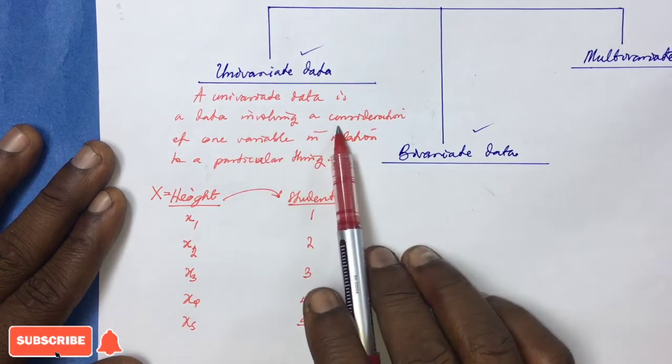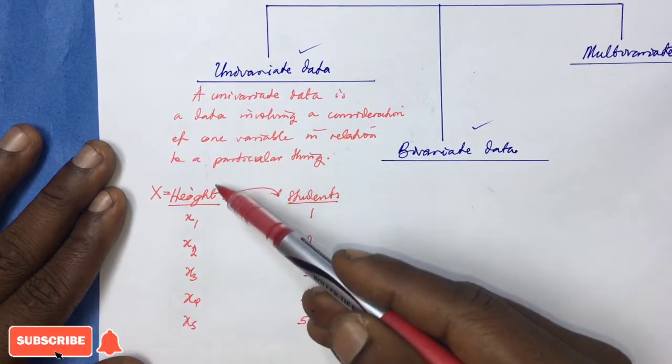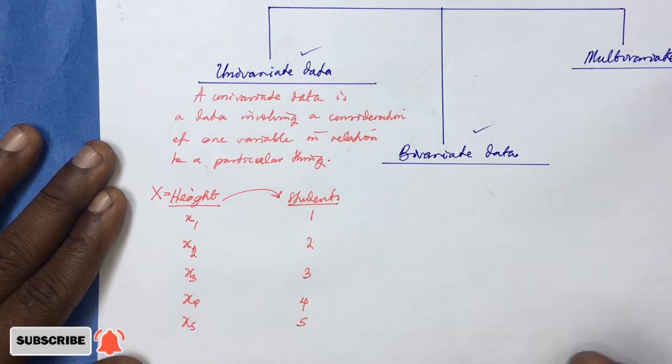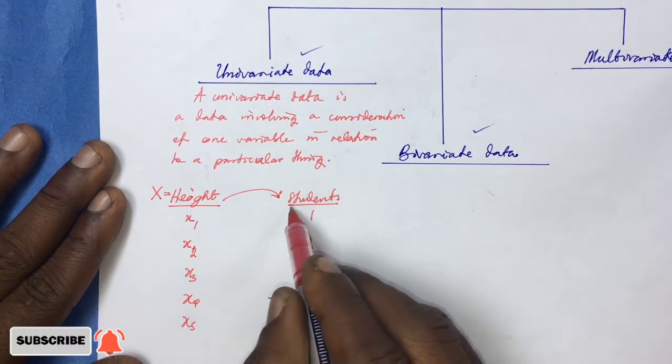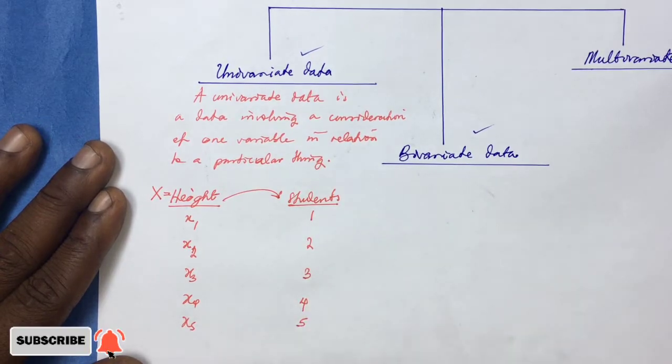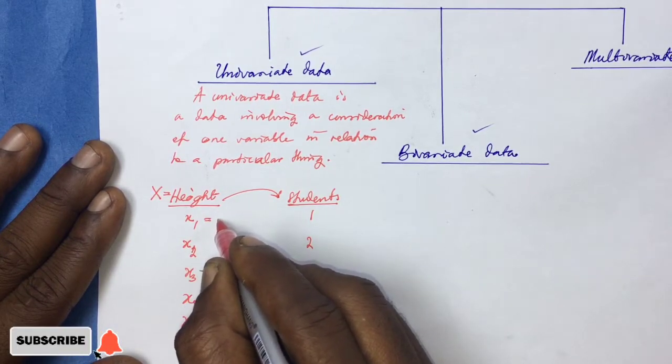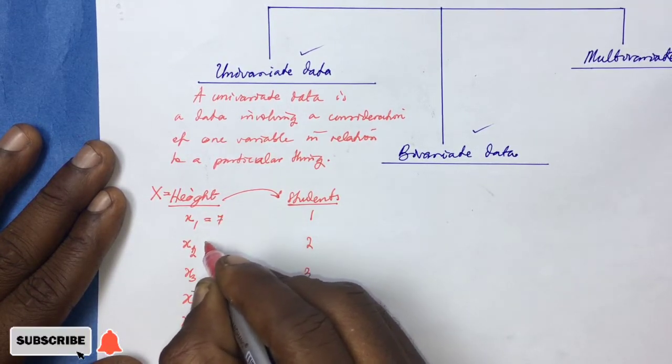So when you consider just one variable, in this case height, in relation to a particular thing or object, in this case students, the kind of data you obtain is called univariate data. In this case, you may have the height of a boy, let's say 7 foot.